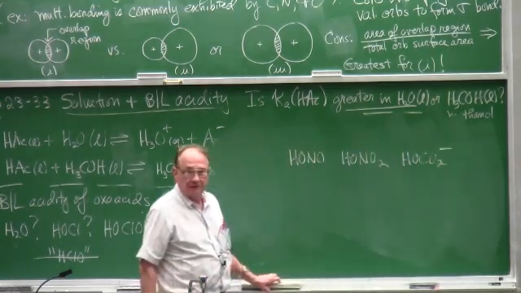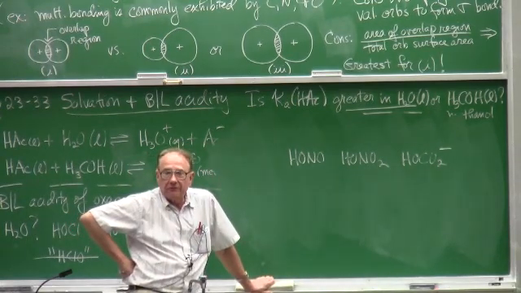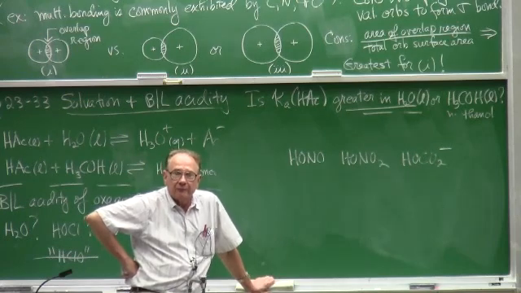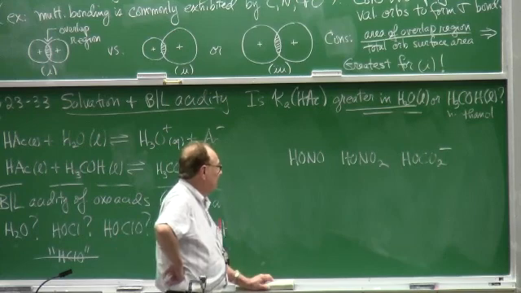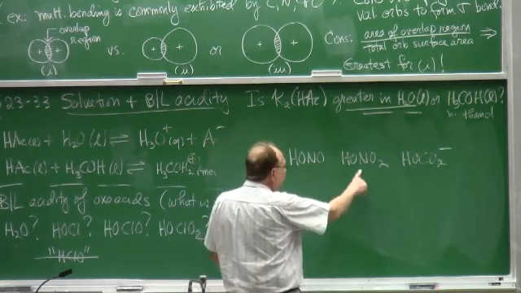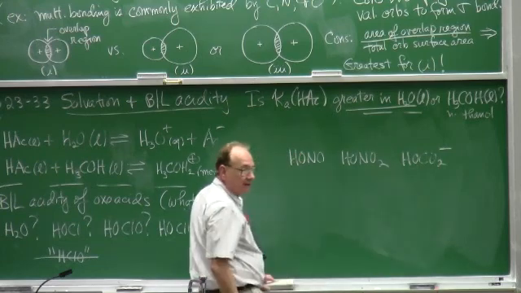Remember this question? I asked you to consider the relative Bronsted-Lowry acid strengths of these 3 acids. Nitrous acid, nitric acid, and this is the hydrogen carbonate ion.